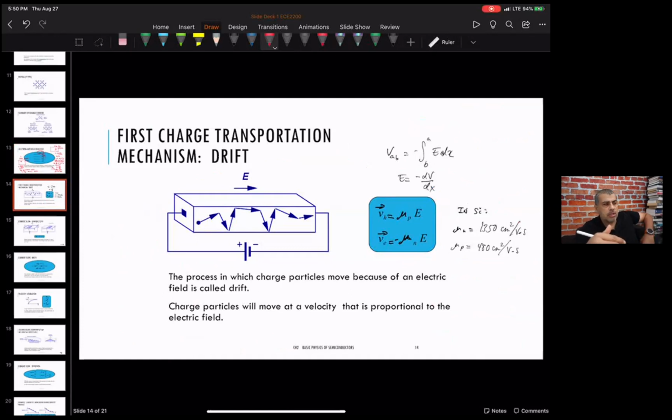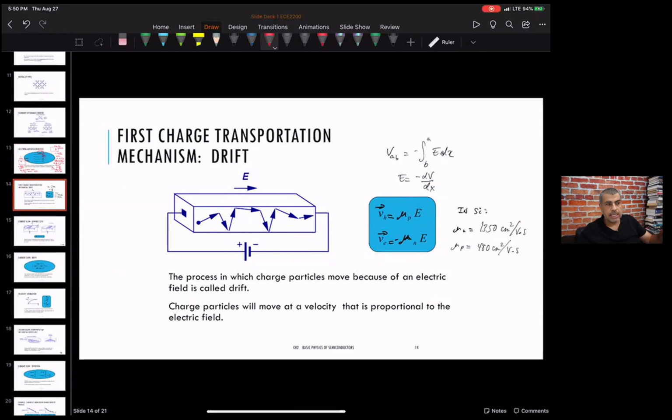Remember we talked about a conductor: the way current is conducted through a conductor is you put an electric field across your wire, and the electrons, which are negatively charged, get pushed from the positive plate towards the negative voltage.